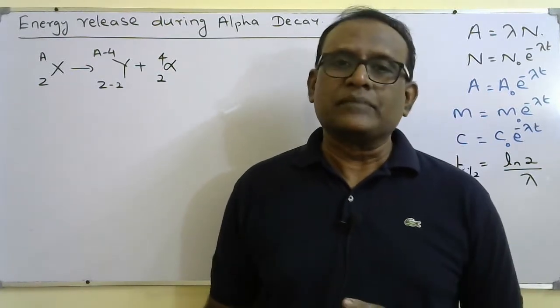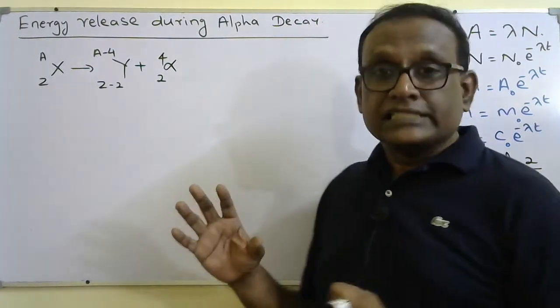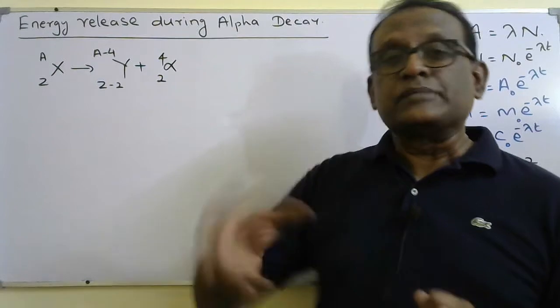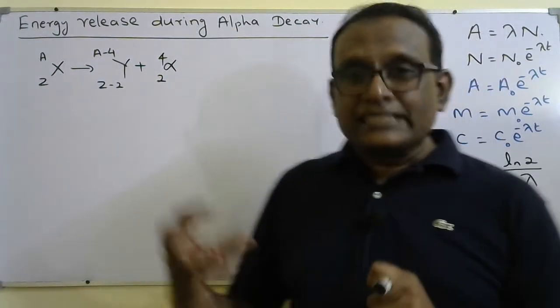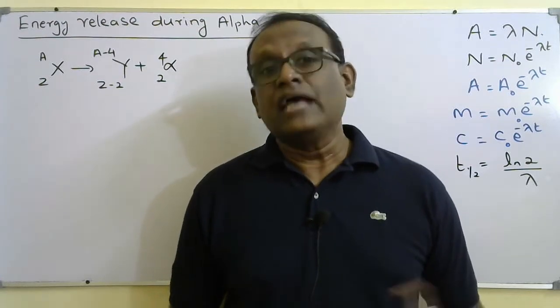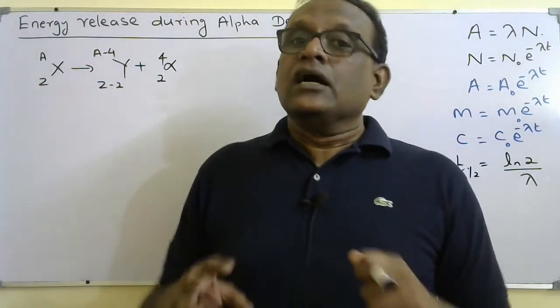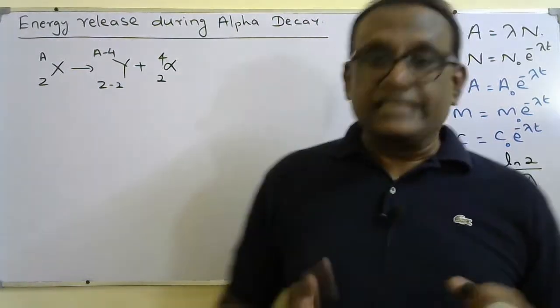We don't need to consider much the change in nuclear potential energy due to the rearrangement of the nucleons, because that gives a very small amount of energy release during alpha decay. So we need to consider only the mass deficit.